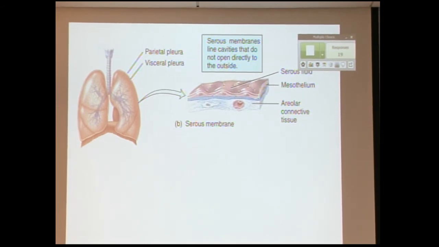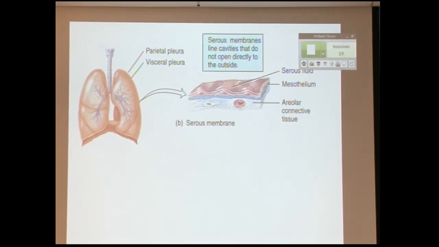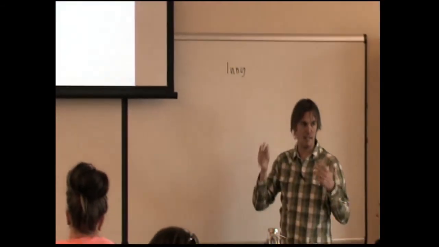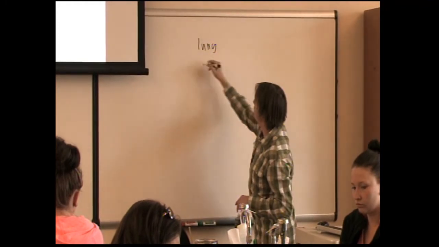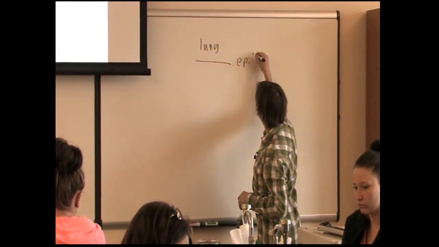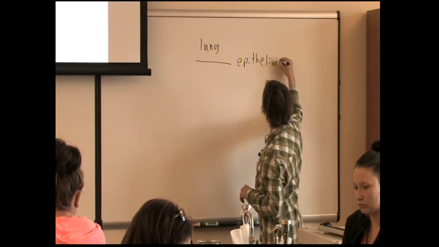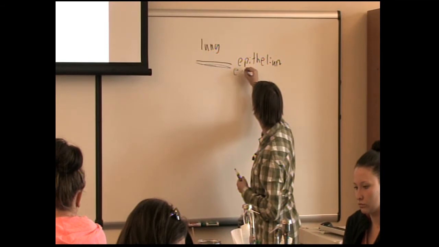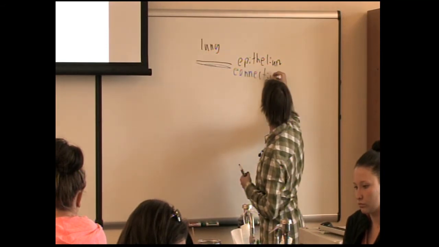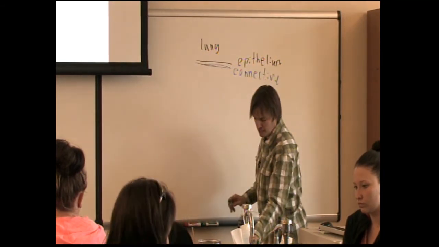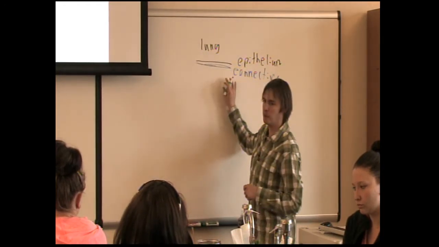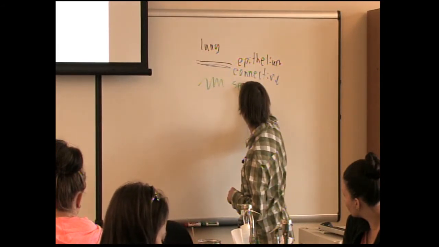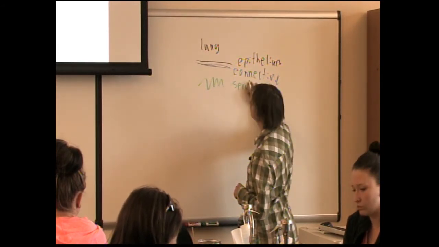So then the fluid. Each layer has two layers too. If you're talking about the pleural membrane, you'd have your lung, then you'd have epithelium. Then you'd have a layer of connective. Then you'd have, what was the name of that fluid that was between? Serous. So then you'd have some serous fluid.